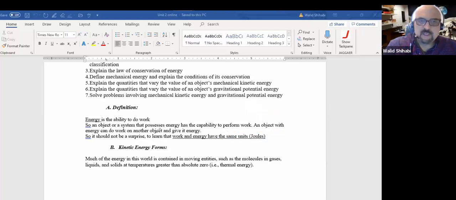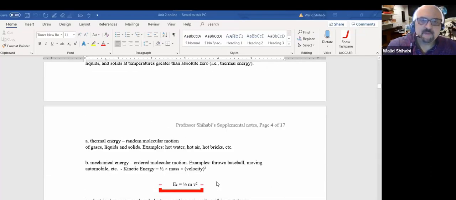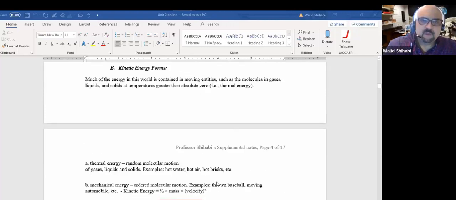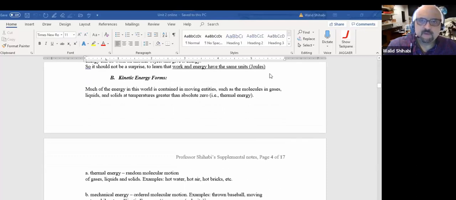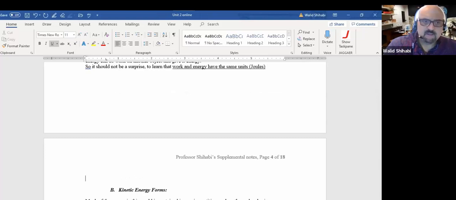Okay, now let's talk about the energy forms. So this is objective number 2. We'll talk about the different energy forms. There are two major classifications of energy. Okay, and let me do it here in the form of a chart. So let me just have a space here and I'll talk about that.